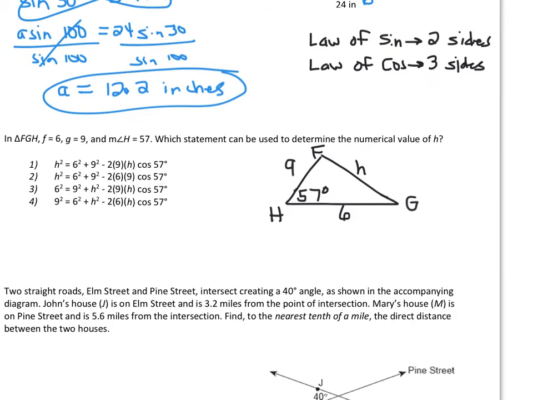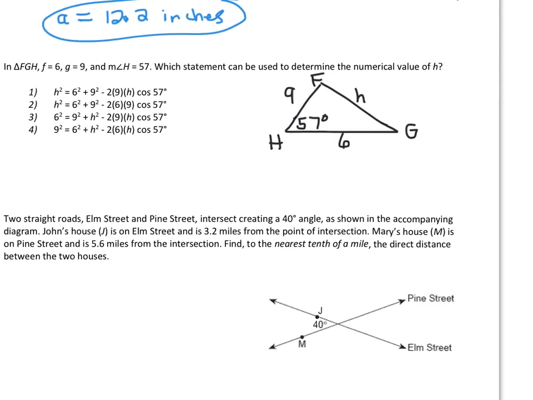All right, so basically with law of cosines, this is our general formula. And whatever angle we're working with, see that's the only angle in the formula? That's the side that goes on the left-hand side of the equation. So if we look at our triangle, isn't this the only angle we're working with, angle H? So since we're going to have cosine of H at the end of our equation, isn't H what goes on the left-hand side of the equation?